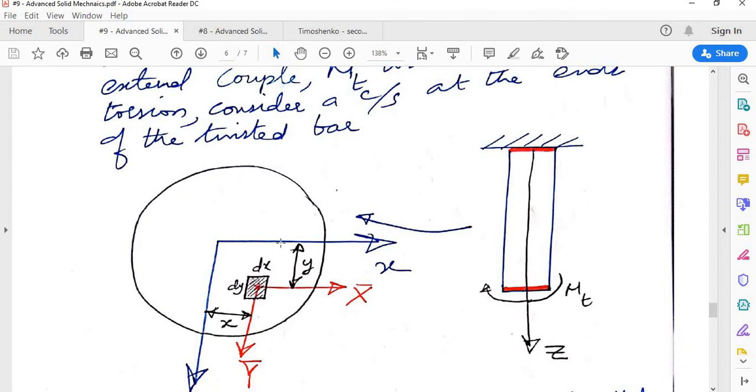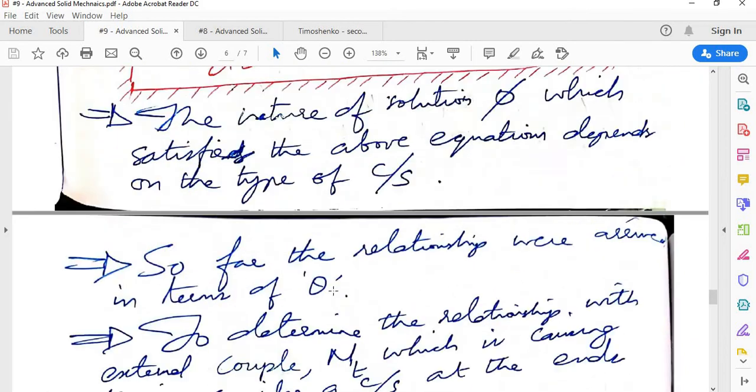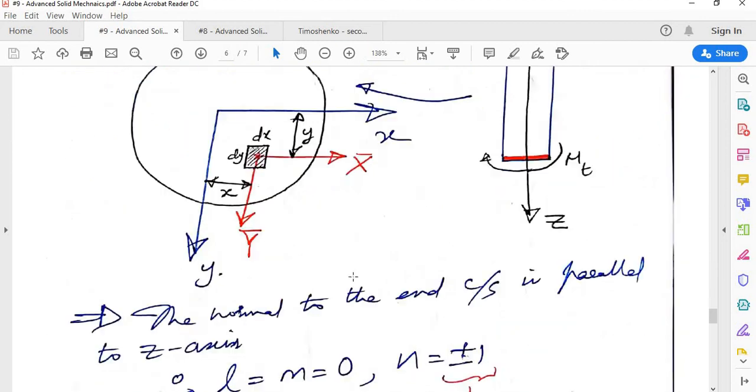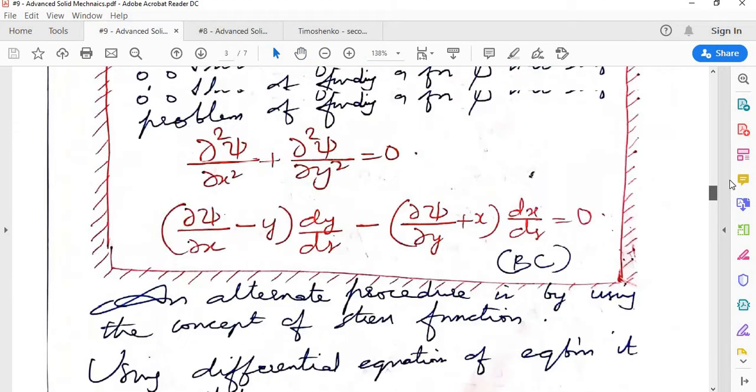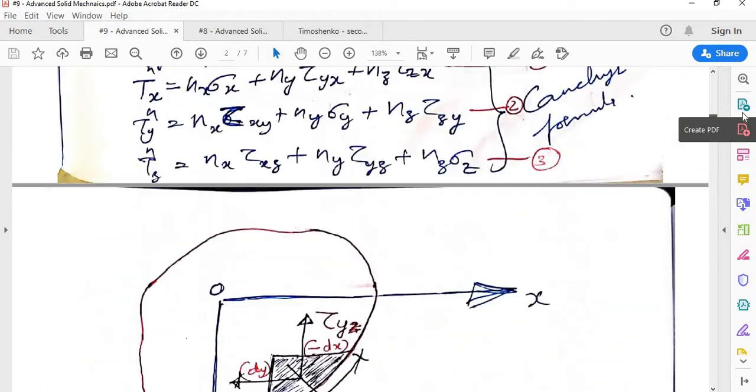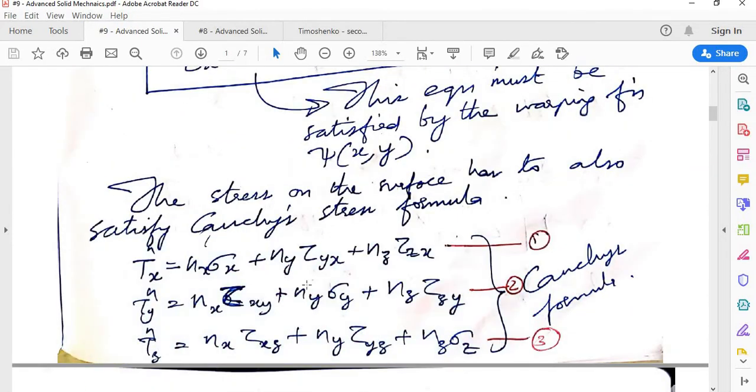Now if you take any point on the surface, either on the bottom surface or top surface, we can again apply the Cauchy's equation. Remember this is the Cauchy's equation.